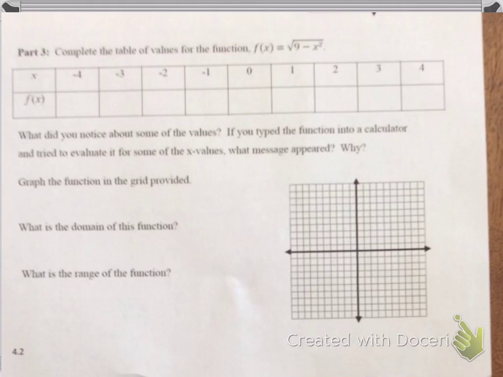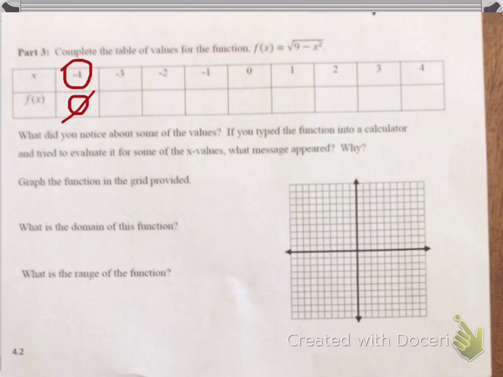All right, let's see if we can do this next one without using the calculators, and just see if we can figure out where we know that our point's going to start at. Okay, let's substitute in -4 first and see what happens. If I put -4 in here, I would have 9 minus -4 squared. -4 squared is 16, but 9 minus 16 is a negative number, so I know I'm going to be undefined there.